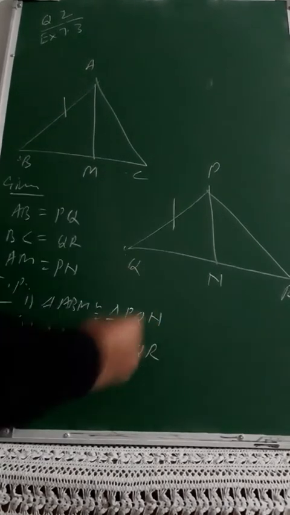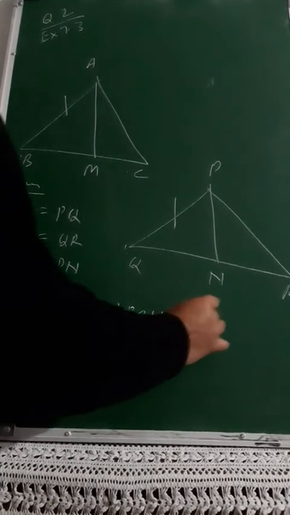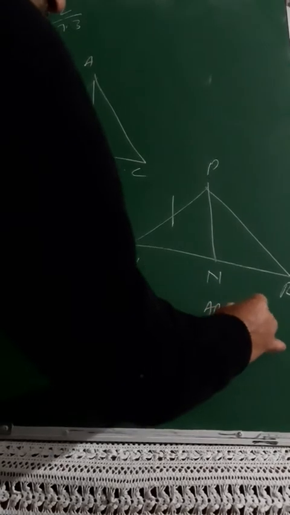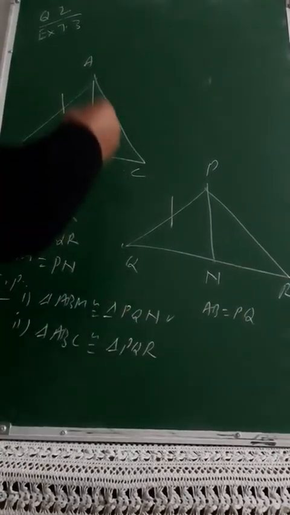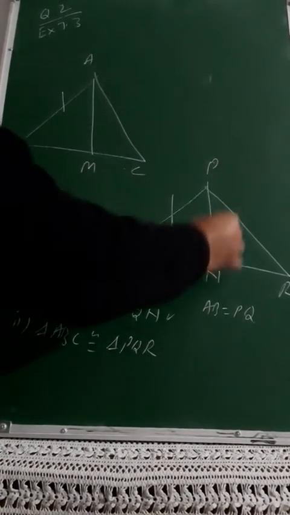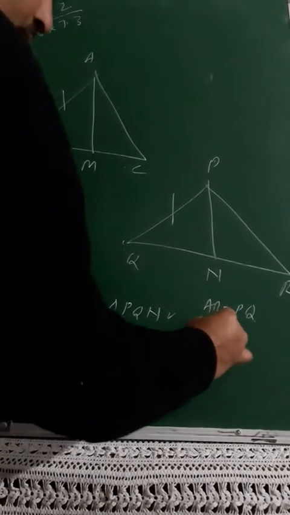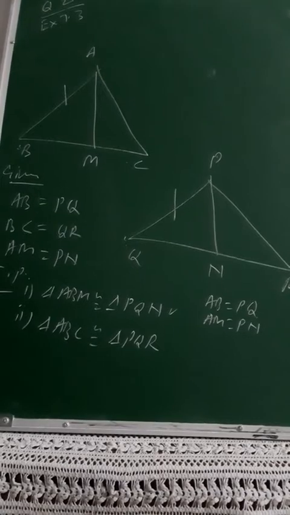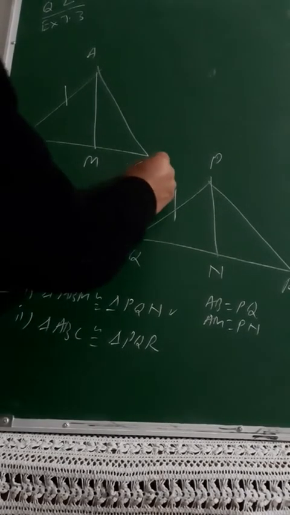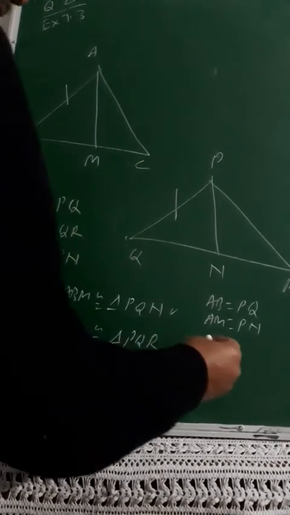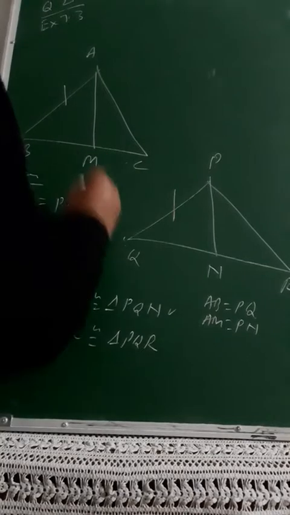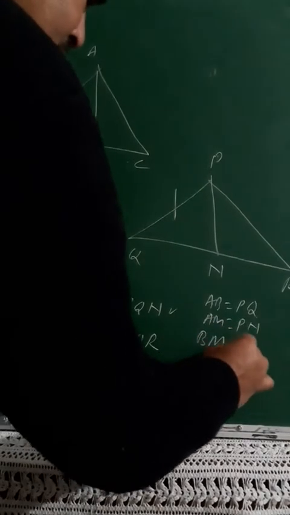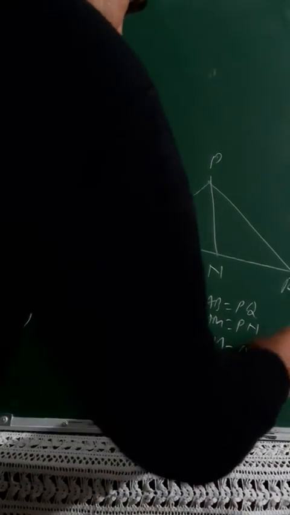AB is equal to PQ when we are speaking about the first part. AB is equal to PQ, and your AM is equal to PN also. Now you look at this. We are given that BC is equal to QR. So on that behalf I will write BM is equal to QN. Why?